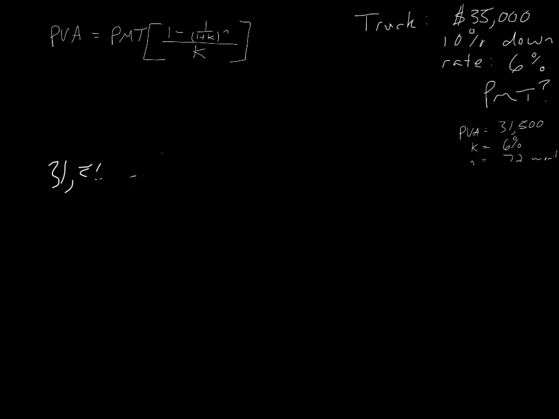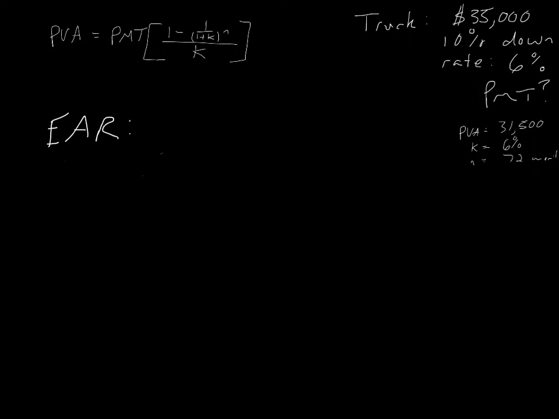Let's go back. Now, one thing that we noticed, and I almost didn't catch myself. See, this is how easy it is to do. We need to make sure we have an annual rate of interest and we have a monthly time period. So that's a problem. So we need to change our annual rate of interest into a monthly rate. So what we do to do that is we do what's called an effective annual rate calculation.